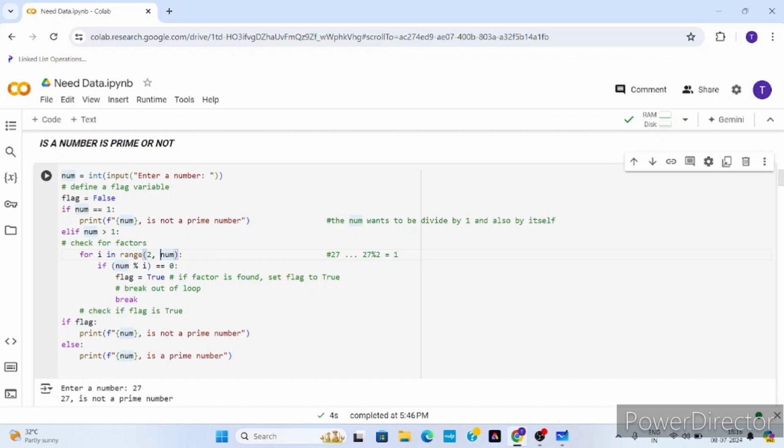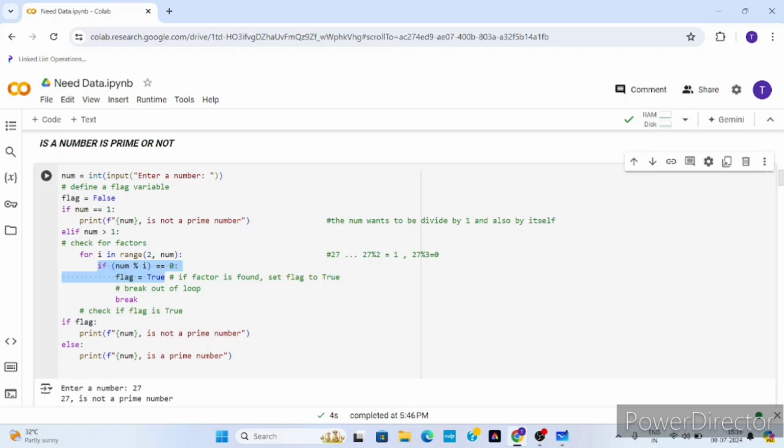So now the second iteration, 27 mod 3, will be equal to 0, right? Because 27 is divisible by 3, 3 nines are 27. So it will be 0. So it will enter this condition and turn the flag value to true.